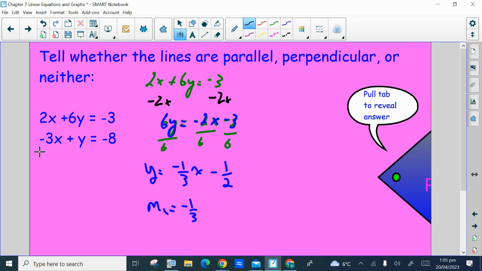Well, we need to get rid of this minus 3x. That's what's hooked onto the y. Well, the opposite of subtracting 3x is adding 3x. Not just 3, but 3x. So that'll give us y by itself on the left. On the right, it's a positive 3x and a minus 8. The 8 is minus. That's not going to change. So what's the slope of this line, Peyton?